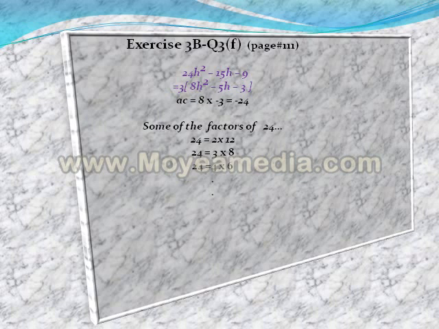So the good fit for us is the middle one, 3 and 8. Let's play with these signs. Minus 24 can be written as 3 into minus 8, which gives me minus 24, and 3 minus 8 is basically minus 5.